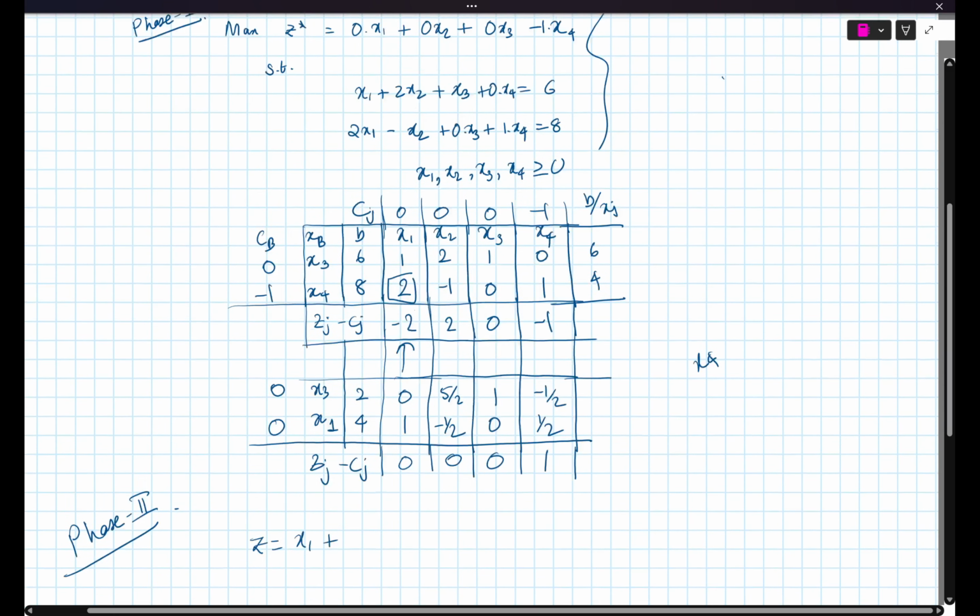Does this look okay? Let me try some value and just check. Let's say I put x3 equal to 0. And then I get x1 plus 2x2 equal to 6 and 2x1 minus x2 equal to 8.